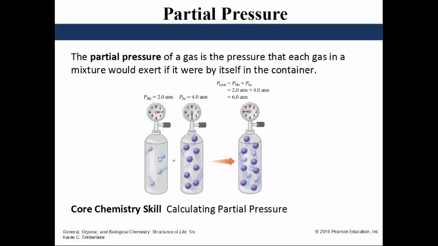So the partial pressure of helium is 2 atmospheres. The pressure of just the argon would be 4 atmospheres. So if the total pressure of both together is 6 atmospheres, just the portion of helium is 2 atmospheres and just the portion of argon is 4. That's what partial pressure is: focusing on just one component of the overall total.